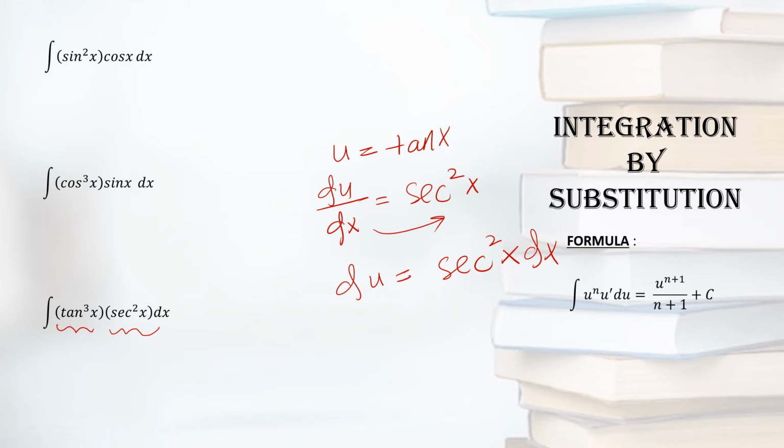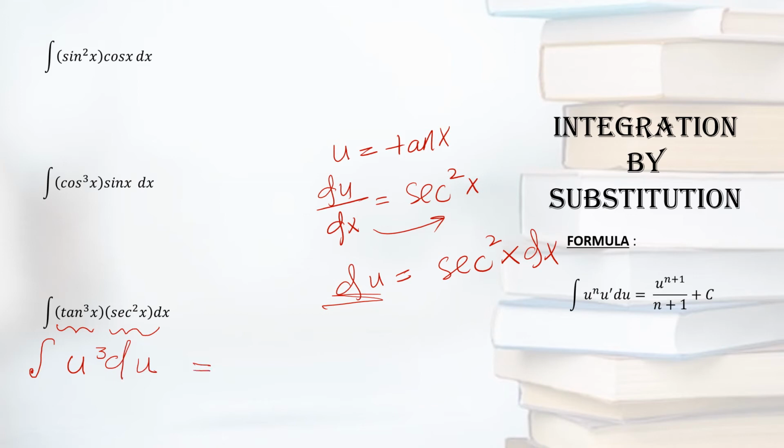And you all know that we apply the substitution method if and only if the derivative of the inner function of the composite function is in the question. Now change the whole integrand into u form. So tan cubed x becomes u to the power 3. Secant squared x dx can be written as du. And it becomes so simple.